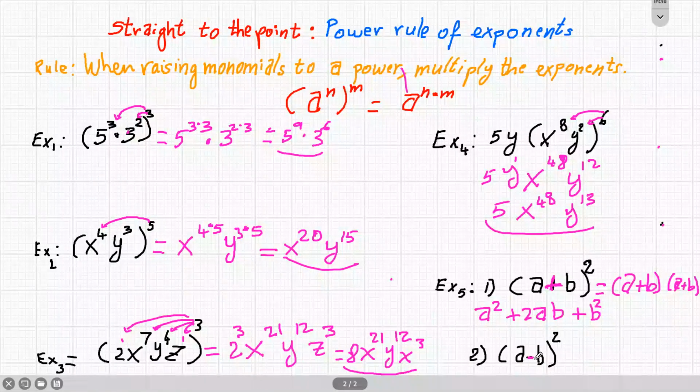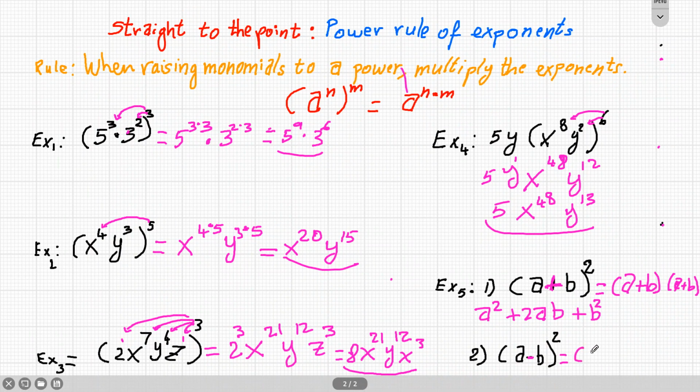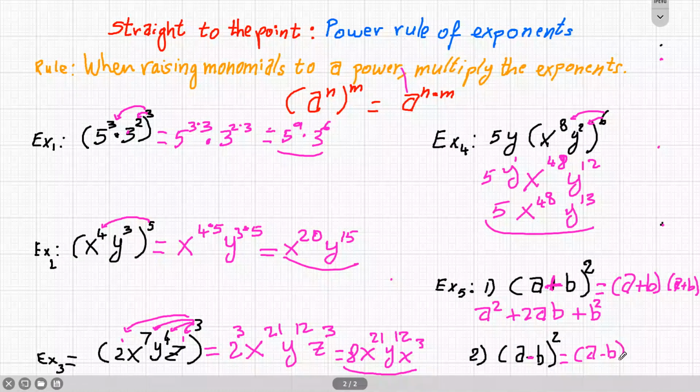So you have another perfect square right here. This is equivalent to a minus b times a minus b.